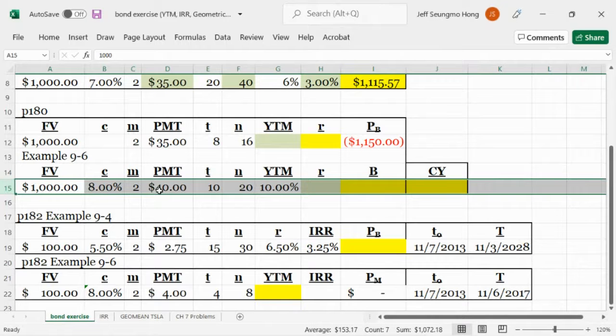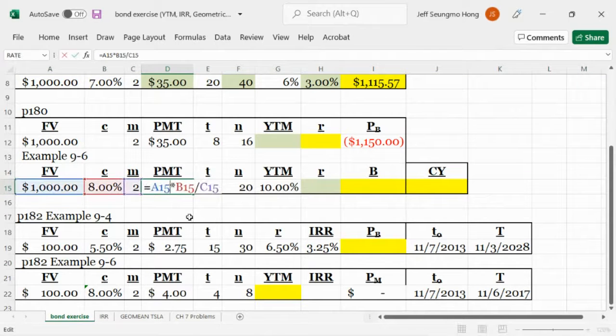Let's take a look at that. Face value 1,000, coupon rate 8%. So coupon payment is $40 per semester, right? $40 per semester. And time left, 10 years. So 20 semesters.